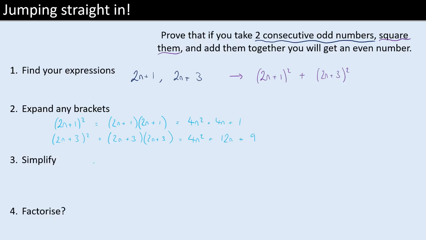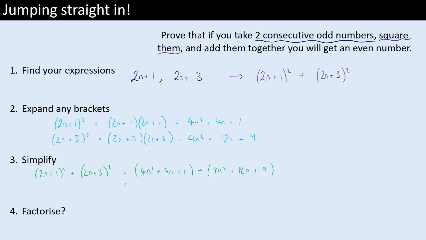Next stage, simplify. Okay, we need to find out what 2n plus 1 all squared plus 2n plus 3 all squared is equal to. Well, that's equal to 4n squared plus 4n plus 1 plus 4n squared plus 12n plus 9.